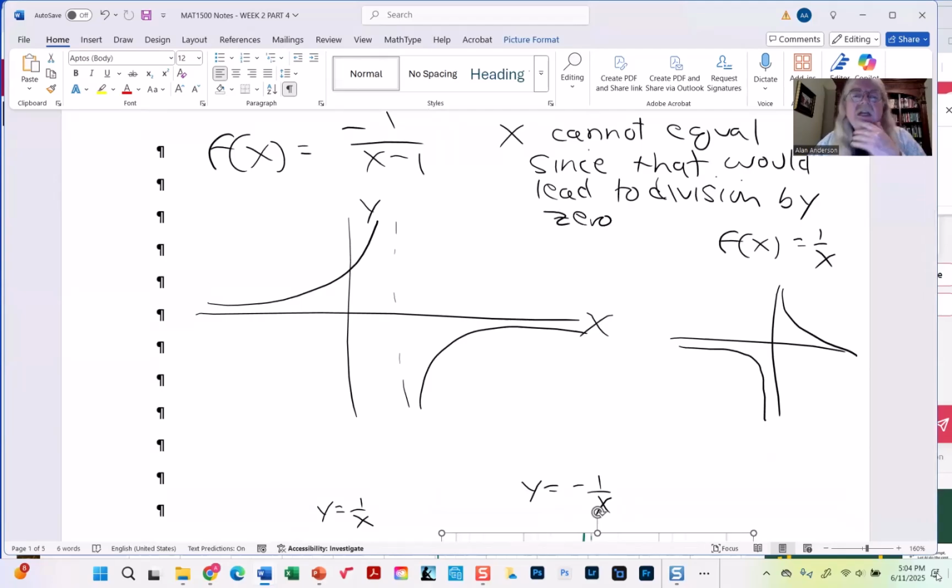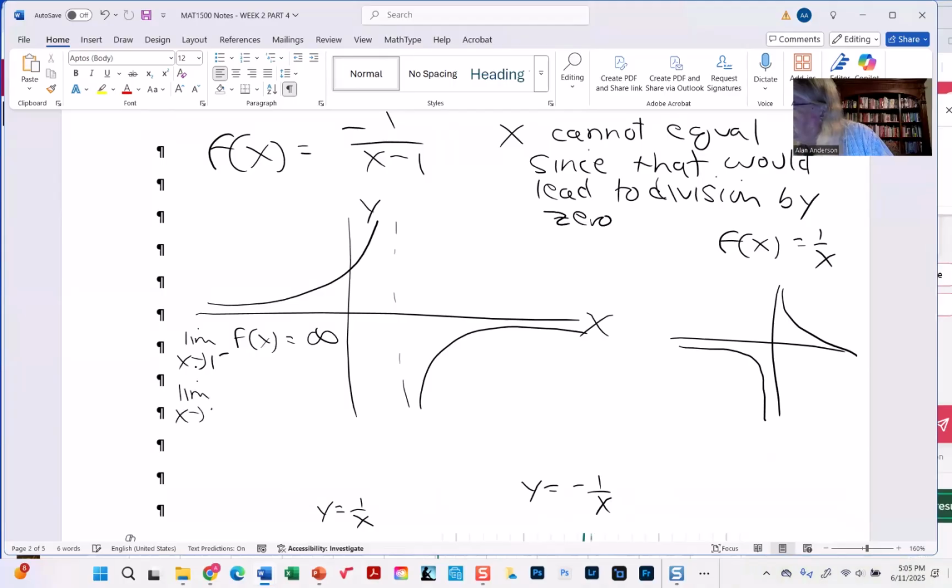Okay, so in this case, as we approach from the left, we have positive infinity, and from the right, we have negative. Okay, so we don't have a limit for the entire function because these are different from each other, but we do have a limit from the left and a limit from the right.